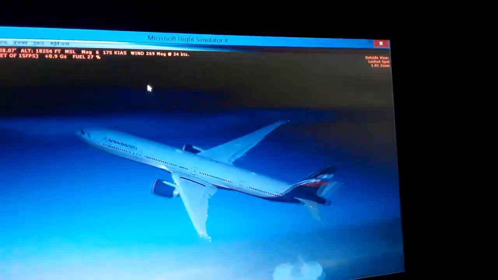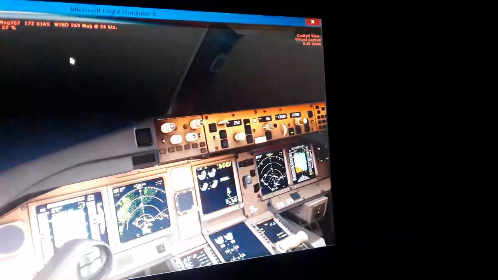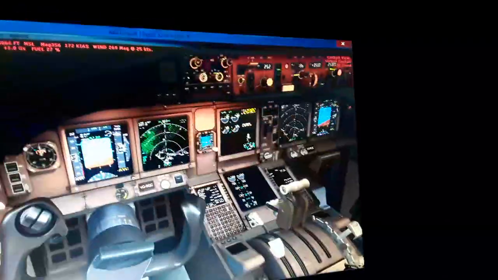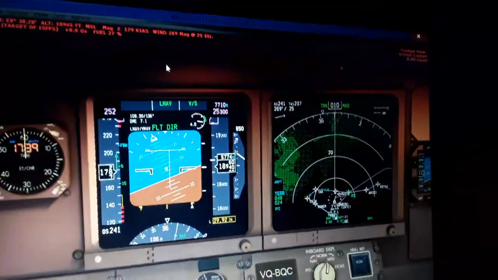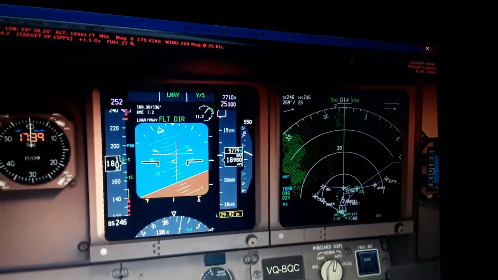So I will show you also back inside to make another turn like this. So we have reached the limit of the stall speed here also. You can see the trend of the airspeed is moving up.